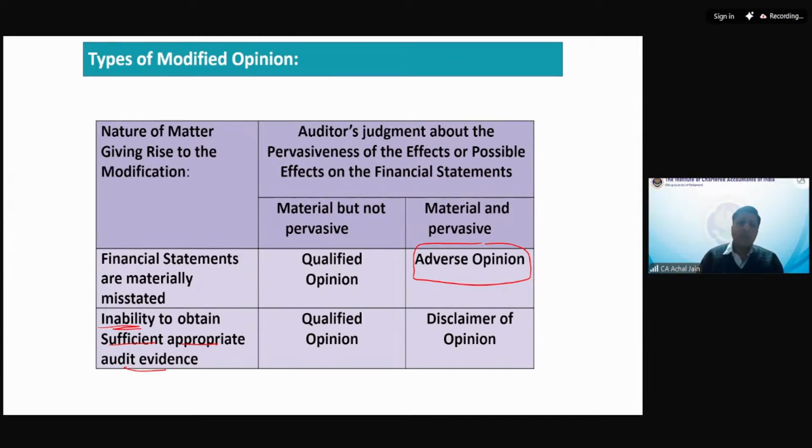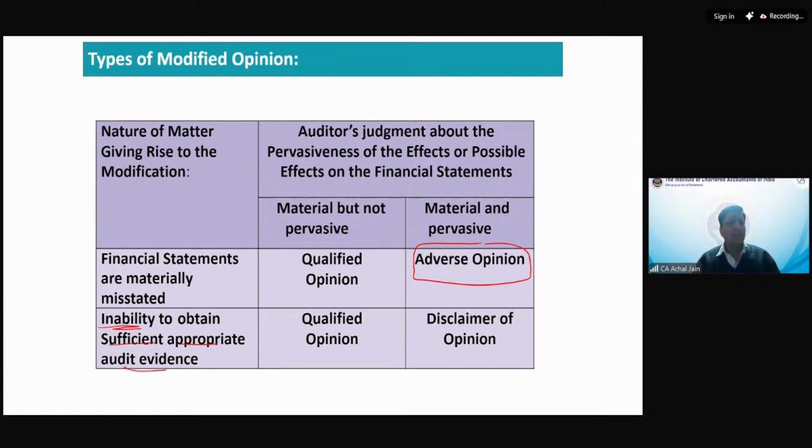All of these aspects, all of these considerations, are important on the part of the auditor whenever any audit is going on. And this is again irrespective of the size of the entity, because depending on the size of the entity, the auditor's materiality will also change. So you cannot say that for small entities only qualification will be there, and for large entities adverse opinion could be there.